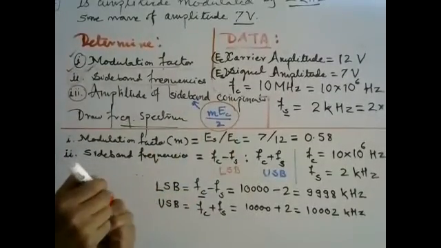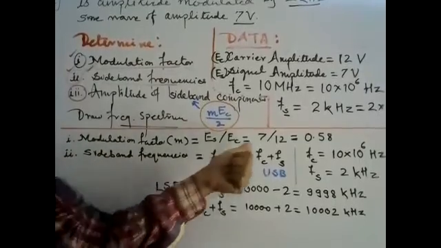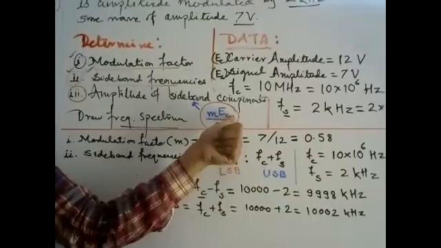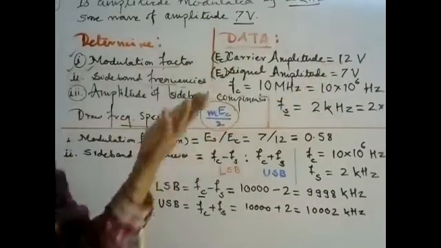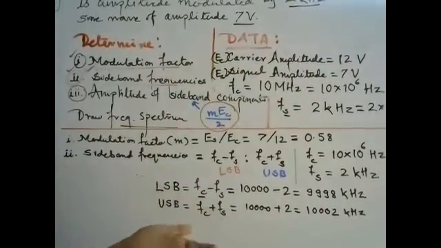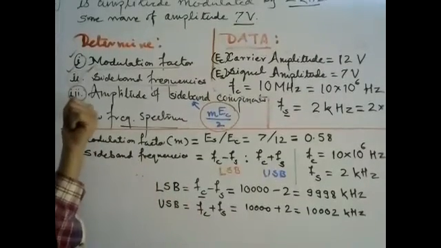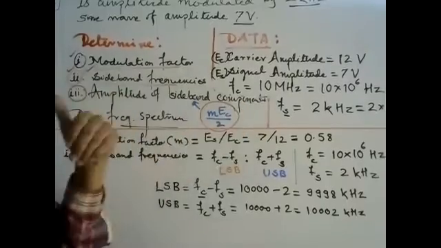M means modulation factor, and in this case, modulation factor is equal to 0.58. EC is 12 volts. 2 is constant. Therefore, dear student, please try to find the answer for point number 3.